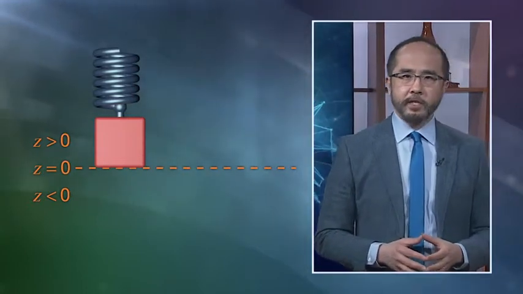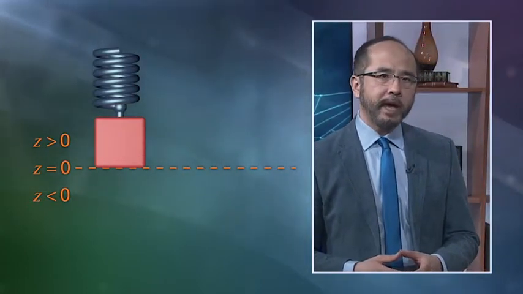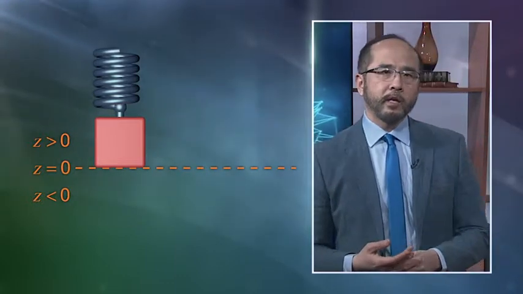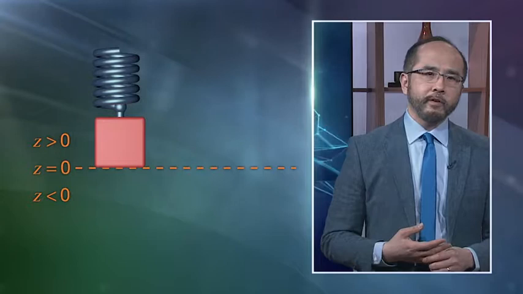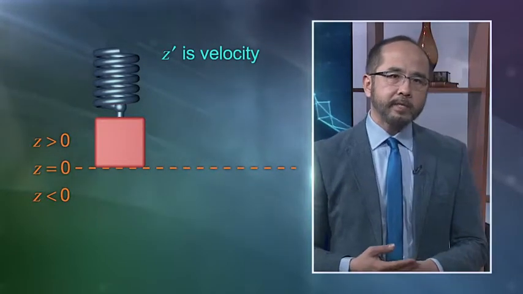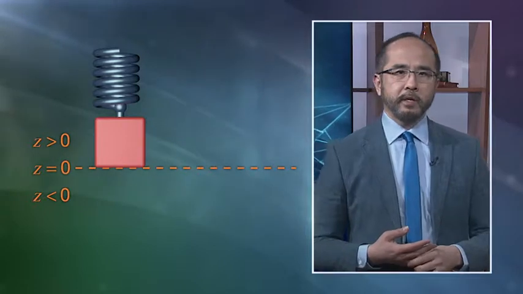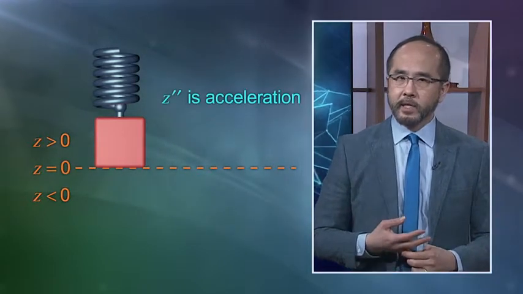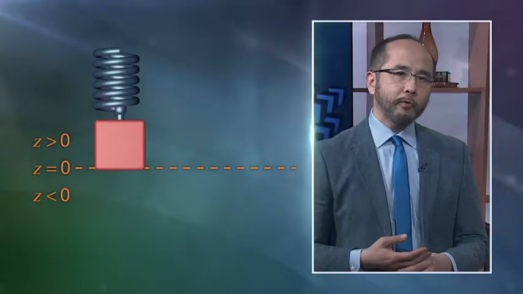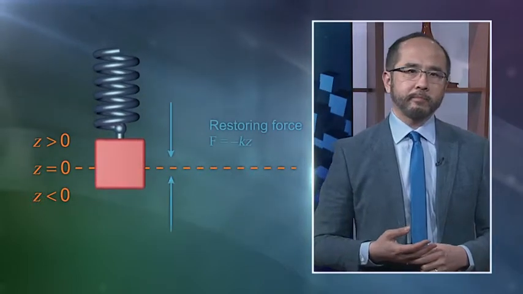Let z of t be the position of the mass where z equals 0 is the equilibrium position. You may recall that the derivative of position, z prime, is velocity, and the second derivative of position, z double prime, is acceleration. We can analyze the total forces on the mass.